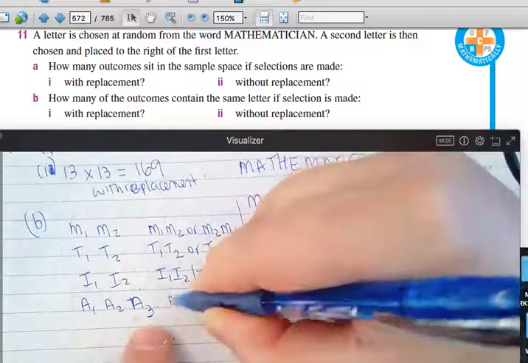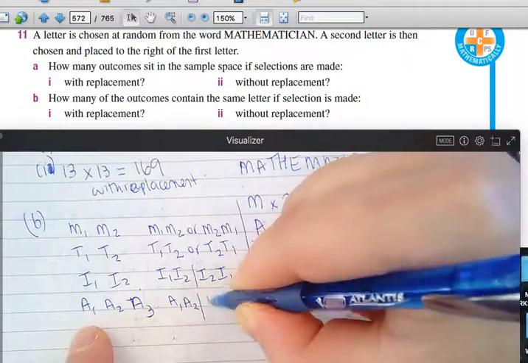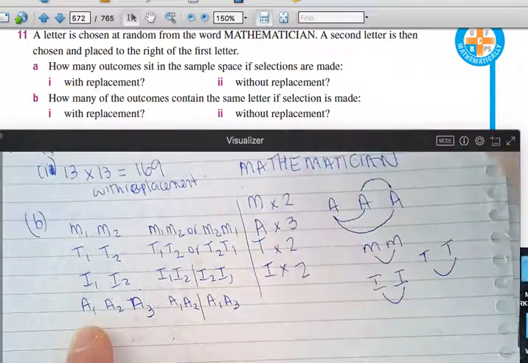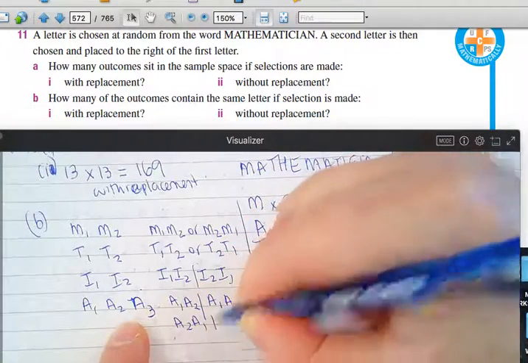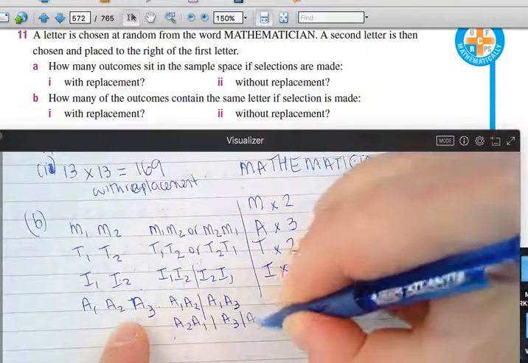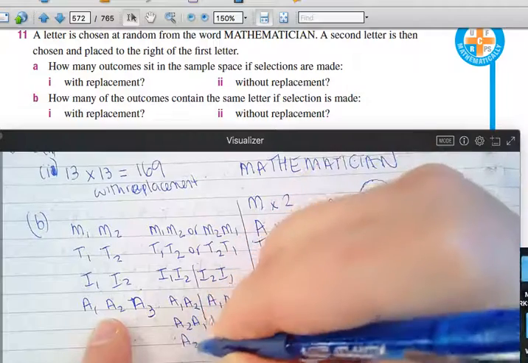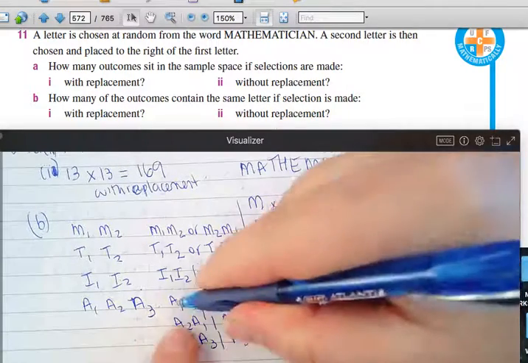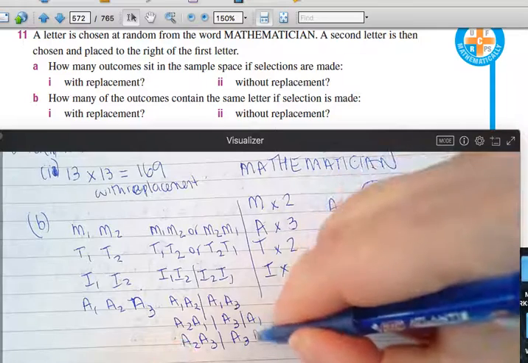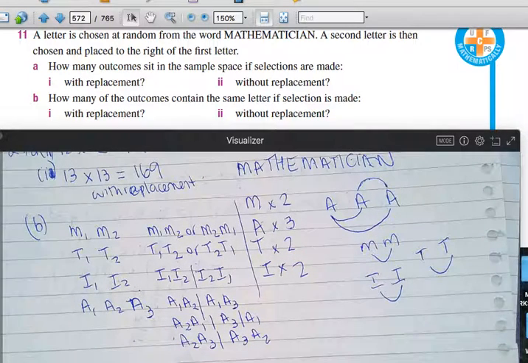But with the A's, you could have A1, A2, or A1, A3, got it? Or A2, A1, A3, A1. And then you could have A2 with A3, or A3 with A2. They're all the different ways. That's why there's 12 ways you could pick up the same cards.